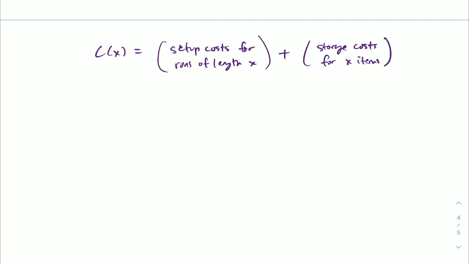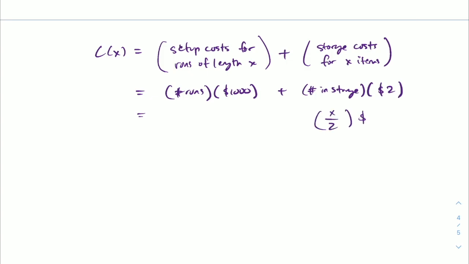Okay, so we're going to have the number of runs times $1,000 in this situation, plus the number in storage times $2, which if we have x items in our production run, the number in storage on average is going to be x over 2, and the number of runs I claim is going to be 400,000 divided by x.